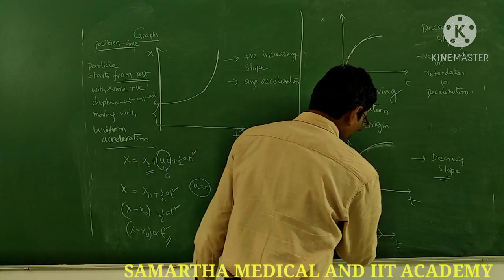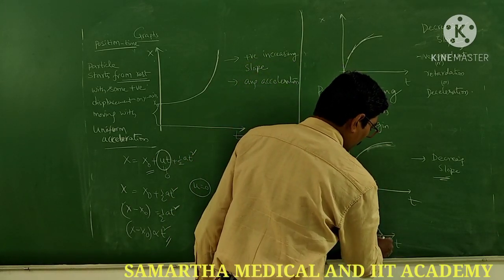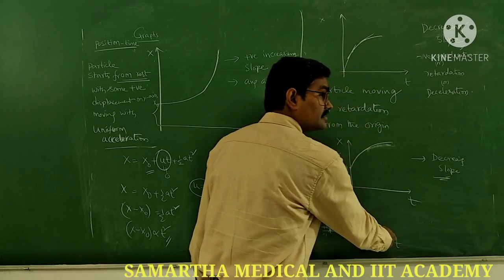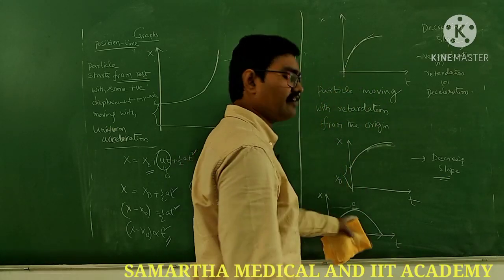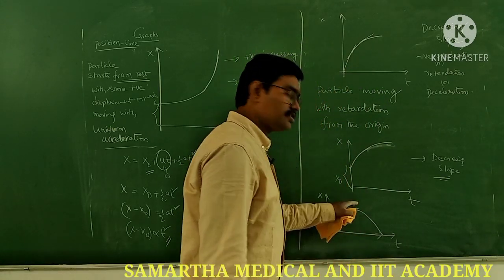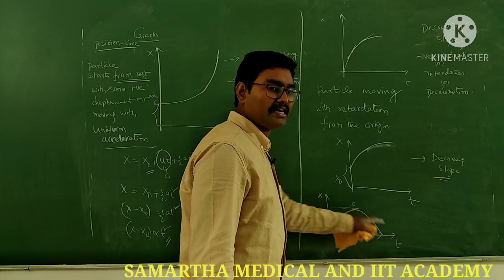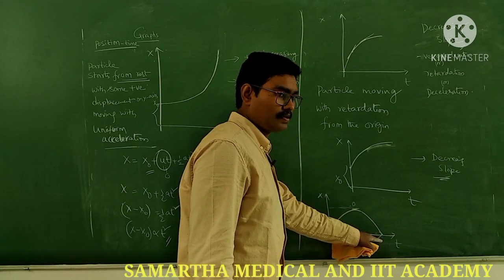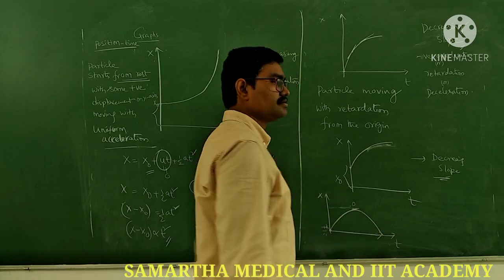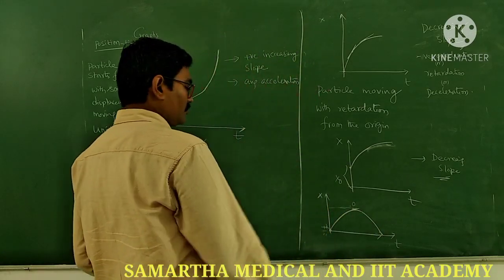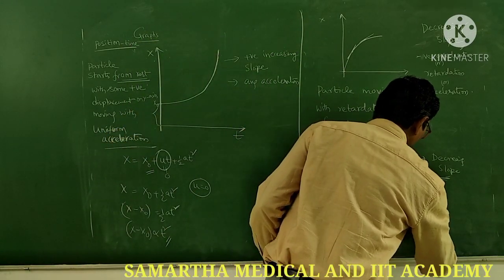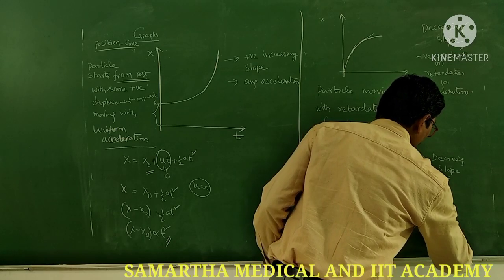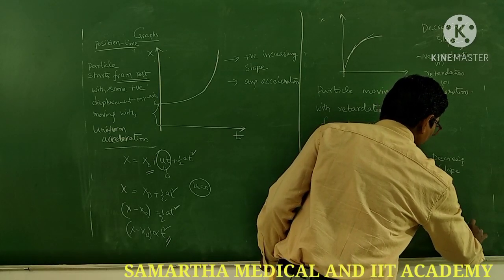Next, from 0 to minus k, it decreases. This is the graph: plus k to 0 and from 0 to minus k. That is what the slope represents. This is for a vertically projected upward body.